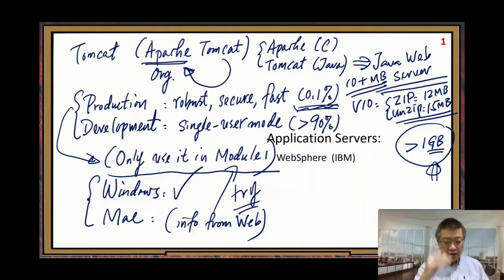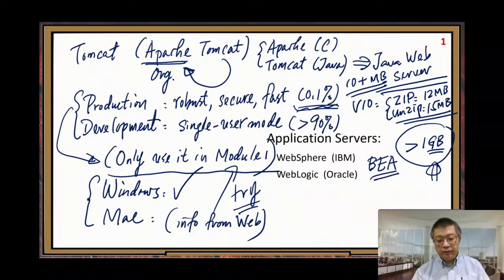Another application server is WebLogic. Oracle has that now, but the original version was not from Oracle. Oracle bought it. The original company was called BEA. Then Oracle bought this application server, so now it belongs to Oracle.